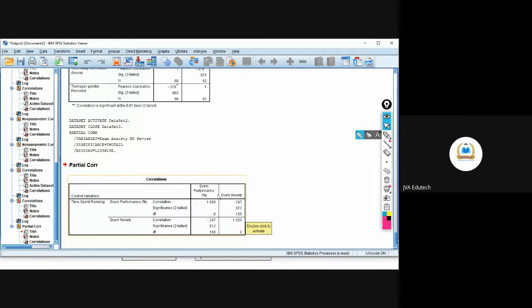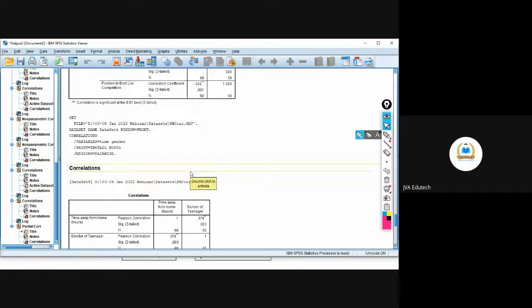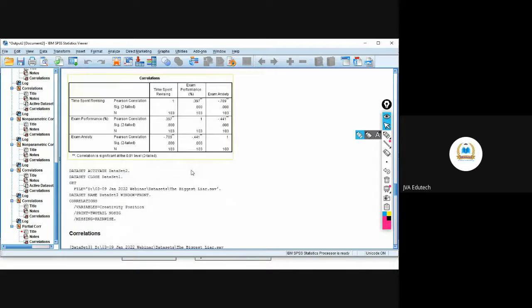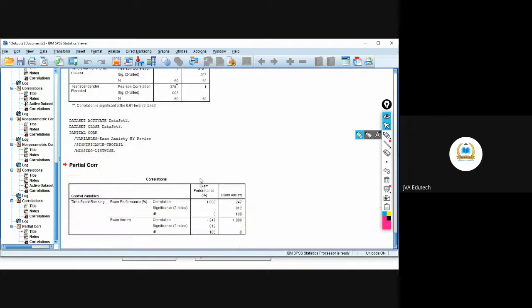And this is actually the correct relationship between exam performance and anxiety when time spent revising was controlled. When it was uncontrolled, the relationship was this much. For every individual it was different, so it was showing this much correlation. When it was standardized for all, it decreased to 0.247. And this is the exact relationship between performance and anxiety.